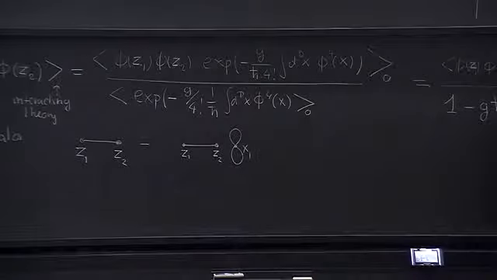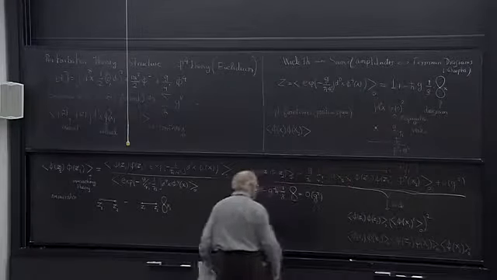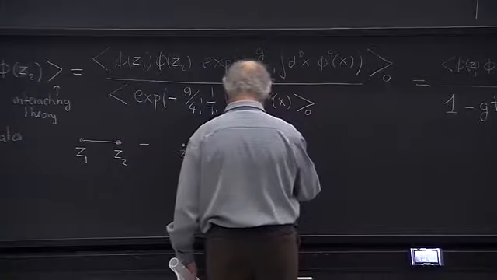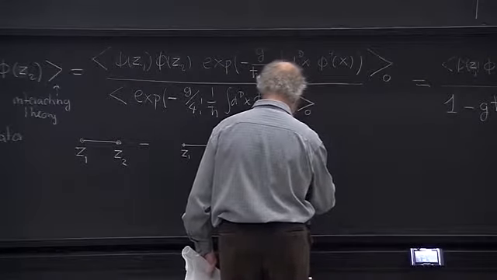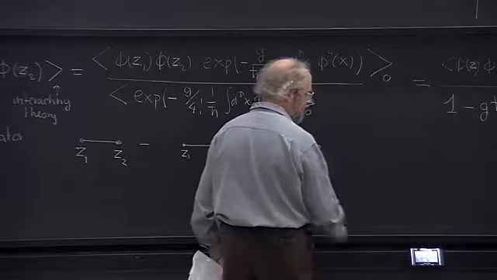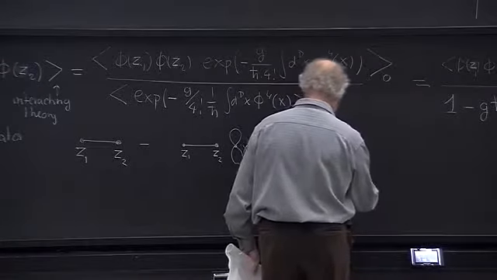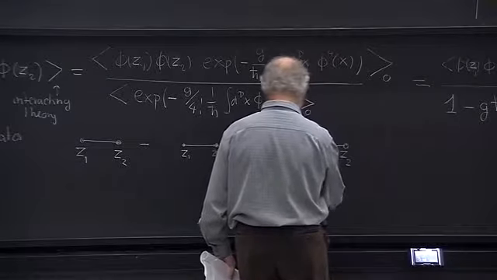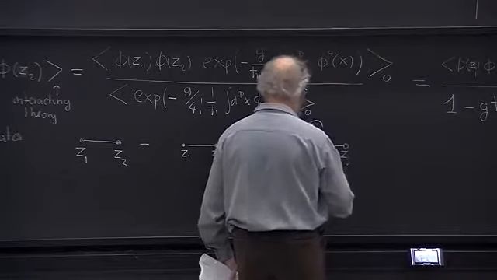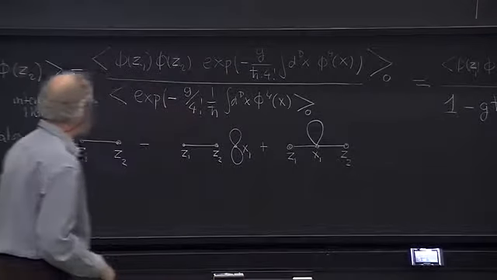While this second term is more interesting because it's more complicated: there is one propagator connecting z1 to x1, a second propagator connecting x1 to z2, and then a propagator connecting x1 to itself.